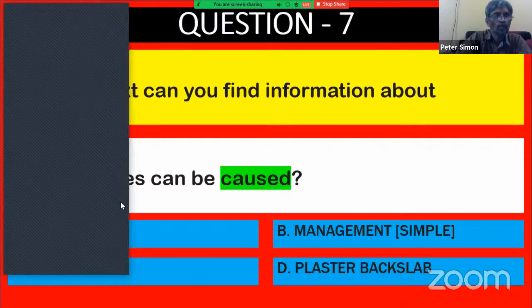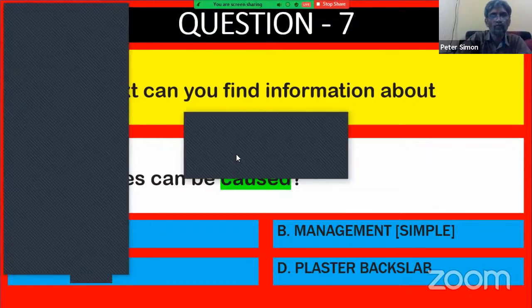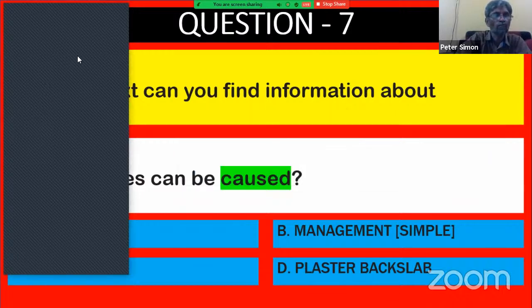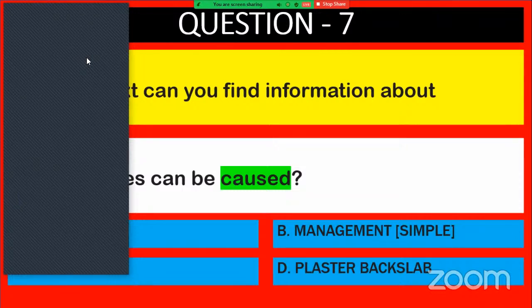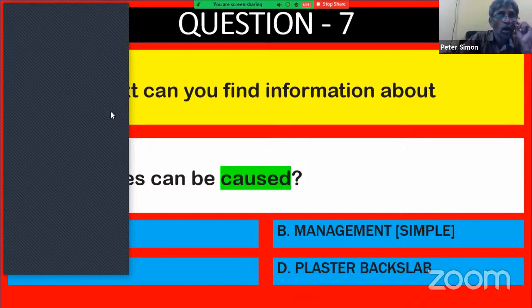Yes, Amna Sohail. Is that clear for you, Amna? Yes, sir. Very clear. So can you tell how it is beneficial, this technique?